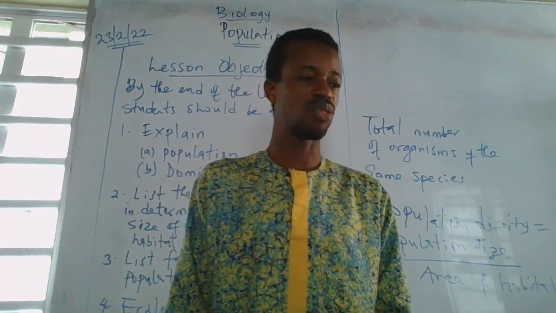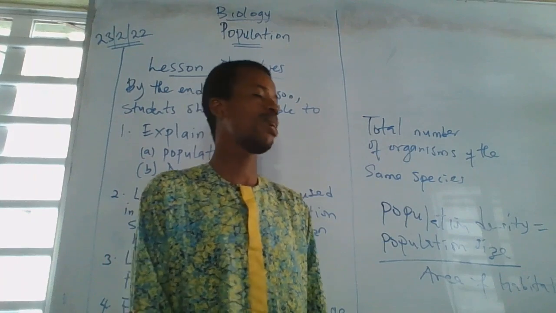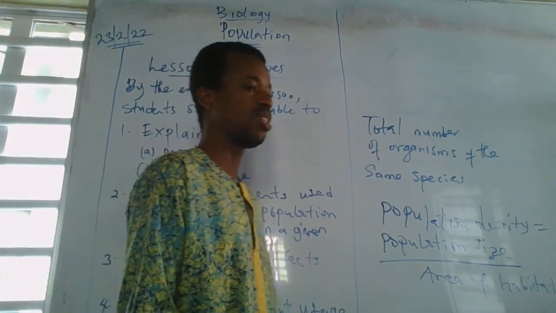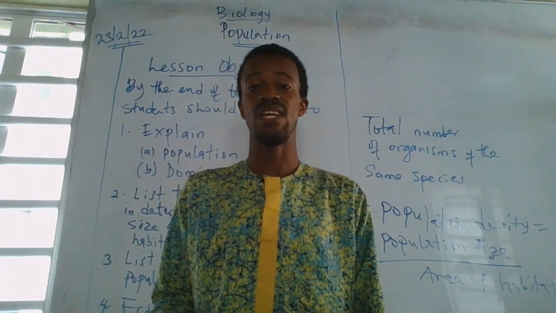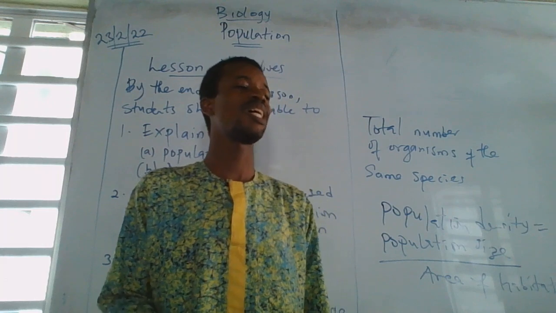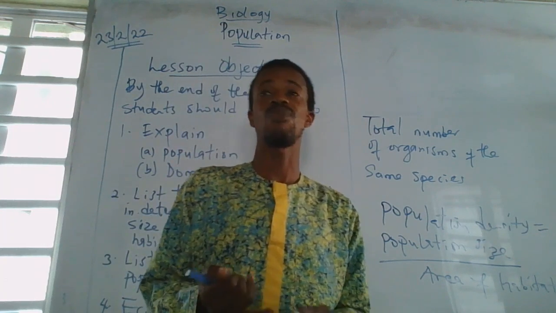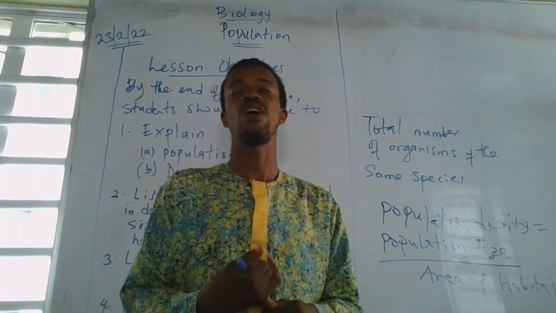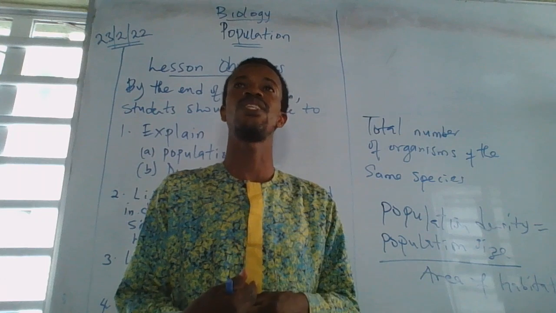Population growth rate has to do with the net result of the influence of natality or birth rate and mortality, that is the death rate of organisms in a given habitat. So that means if you want to consider the rate at which living organisms grow in a particular habitat, you must look at the rate at which the organisms are giving birth, that is the natality rate, and the mortality rate, that is the rate at which the organisms die.